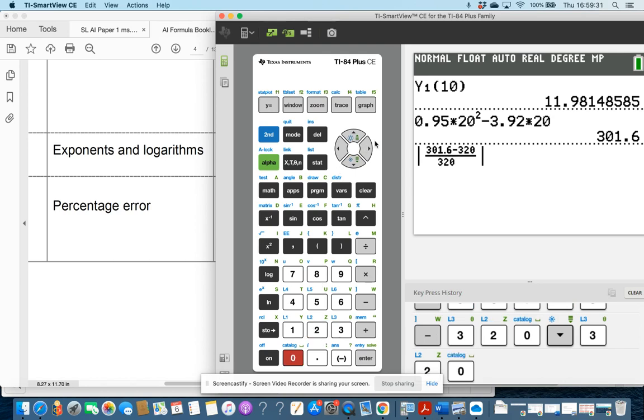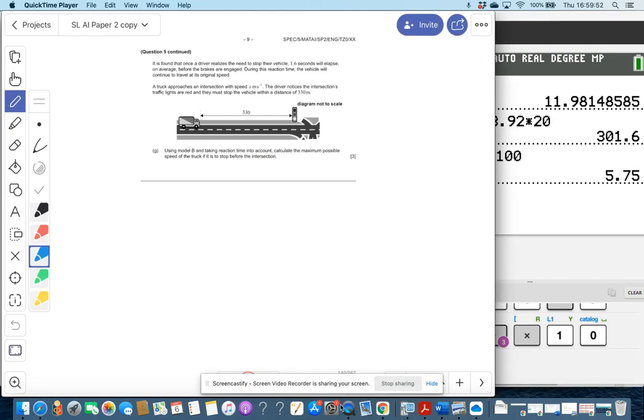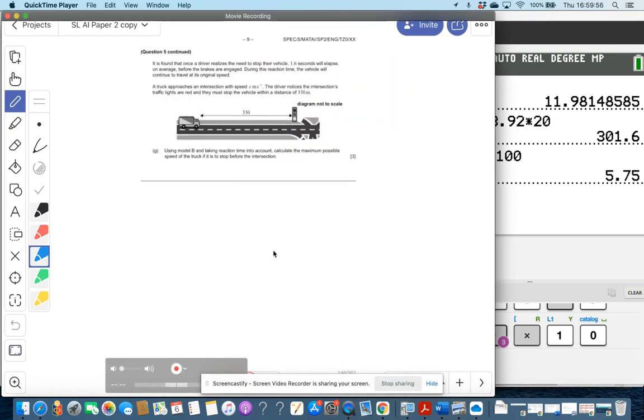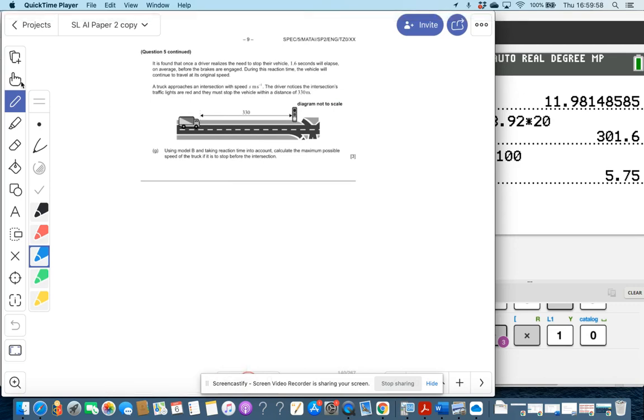And then I'm going to multiply that by 100 according to the formula to change it to percentage. And I get a percentage error of 5.75%.